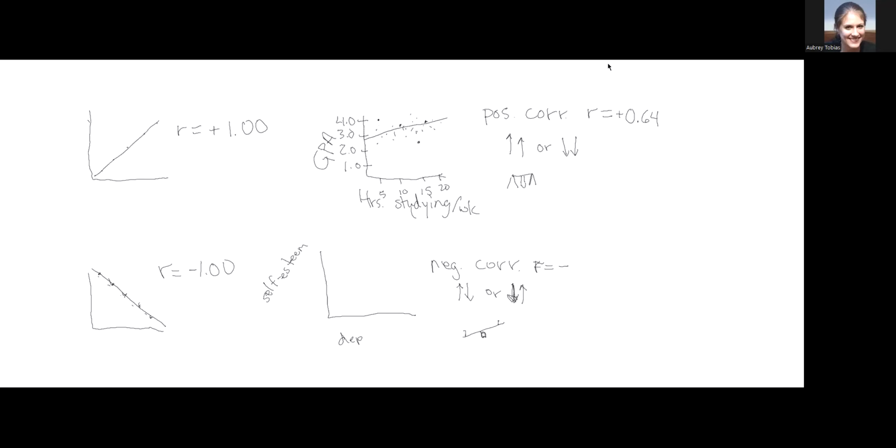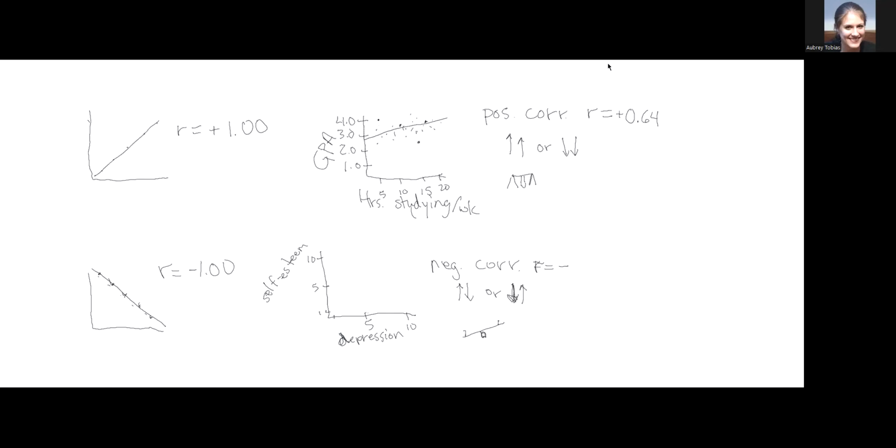And again, if I were to send out a survey to conduct a correlational study, because I suspect there's a correlation between self-esteem and depression, I could have people fill it out. Let's just say a scale of 1 to 10. Where do you fall in terms of your self-esteem level and in terms of feeling depressed?